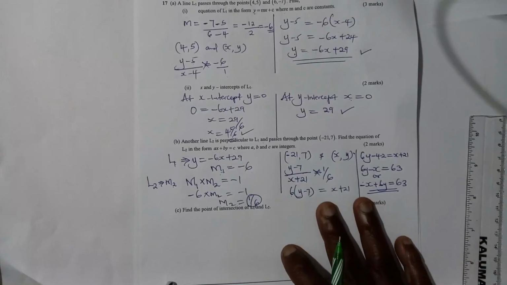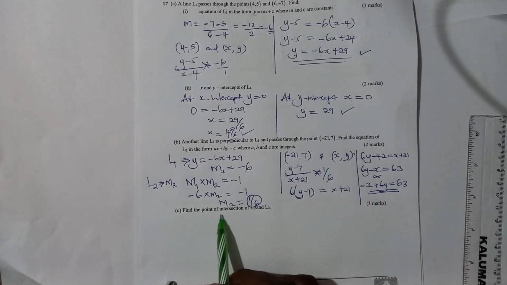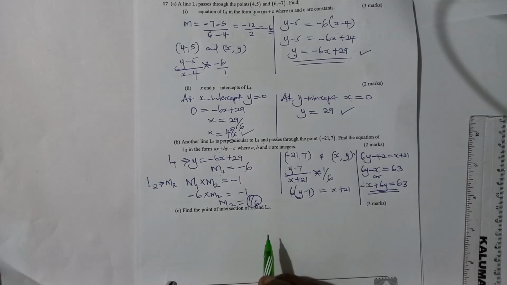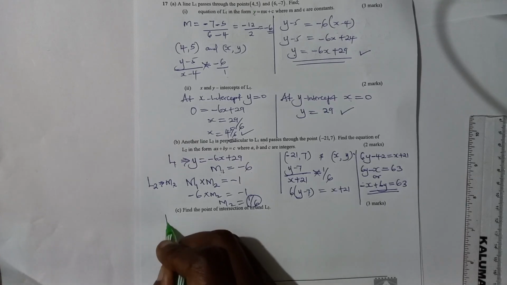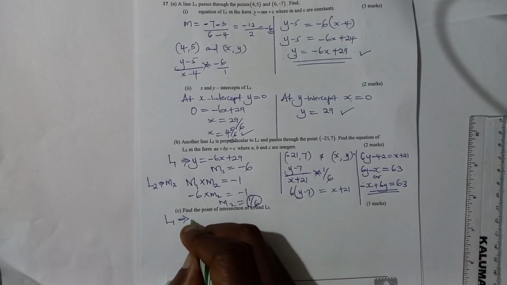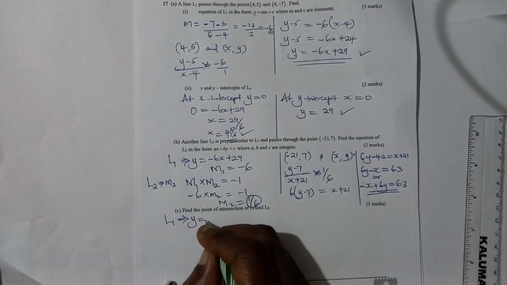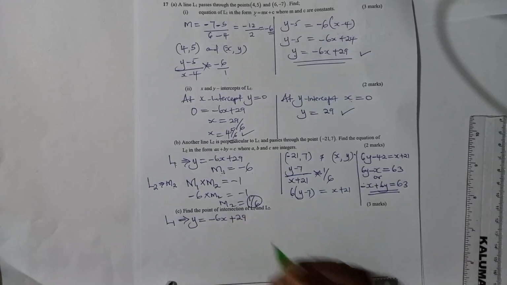Then the last one is part C. Find the point of intersection of L1 and L2. So how do we do that? We simply get L1, line 1. We got line 1 as y is equal to negative 6x plus 29.